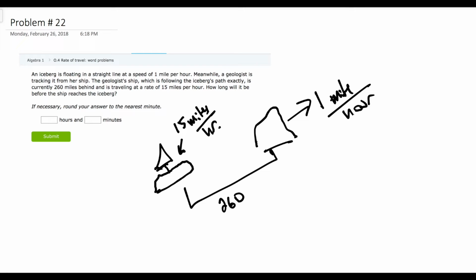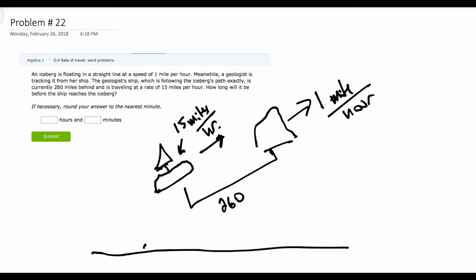Okay, so you've got one going at a much faster speed, and you've got this other one going at this speed right here, right? So I'm going to do it this way.